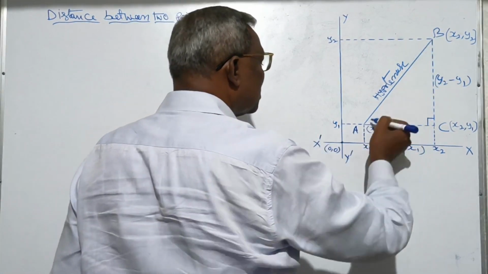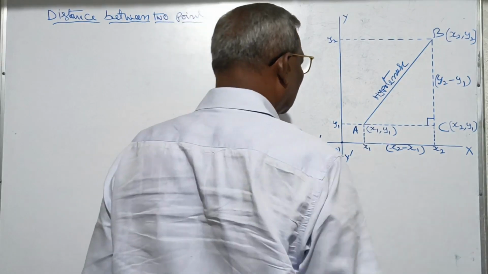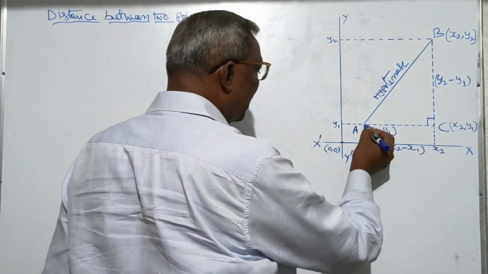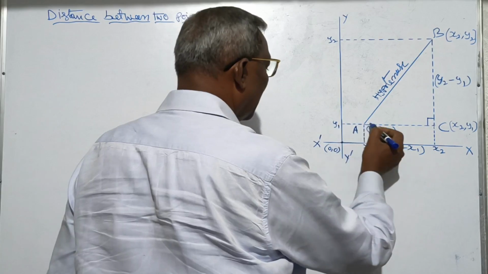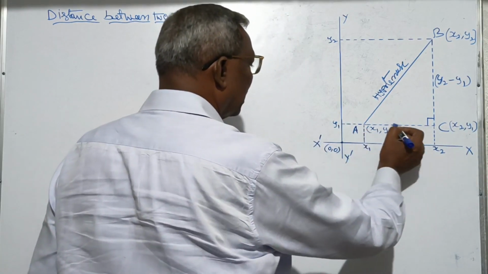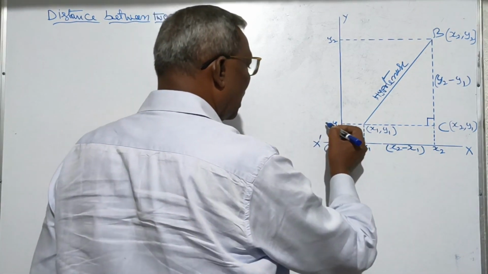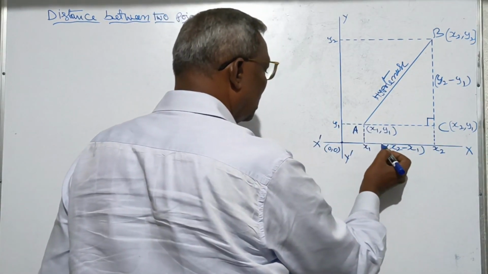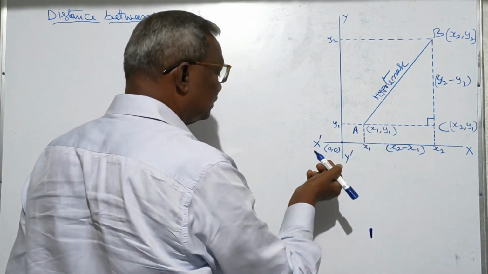To find the distance between 2 points, I have drawn, with reference to A, a dotted line parallel to the x-axis.